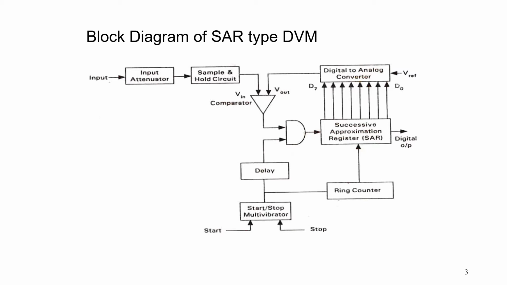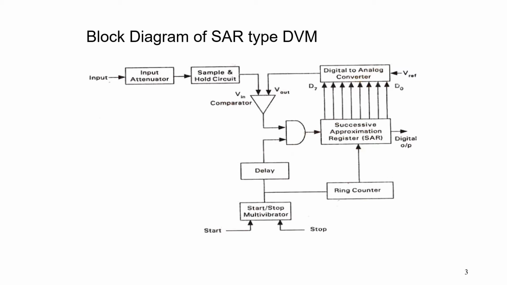So, there are a number of digital instruments. Few of them are the digital voltmeter, the digital multimeter, the ramp type voltmeter, the successive approximation type voltmeter, and the dual slope voltmeter. Also, the other instruments are the digital frequency meter, the digital LCR meter, etc.